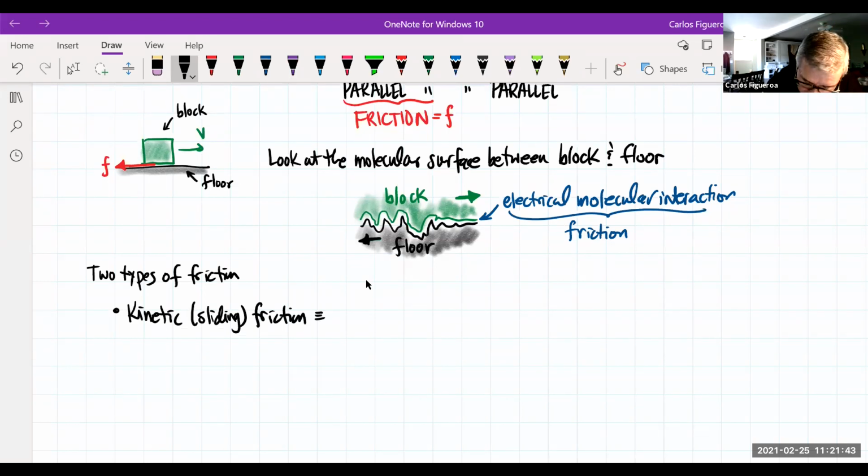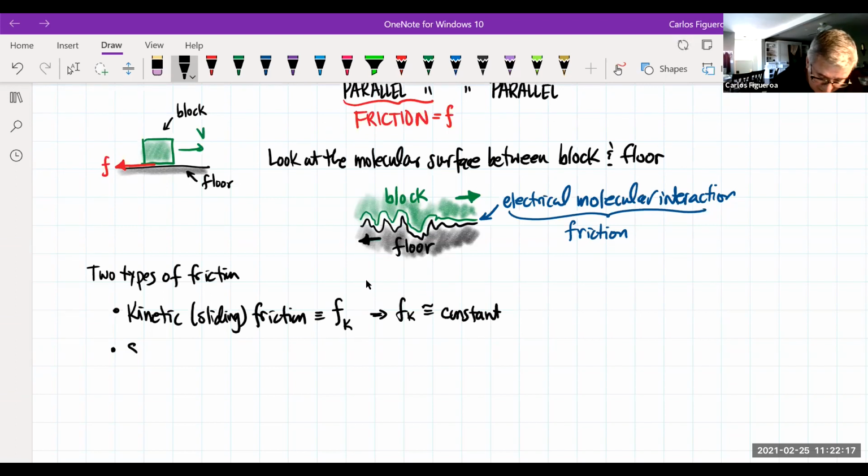And we typically symbolize this F for friction, and then we write a little k to tell us that we have this moving friction here. And what's special about this force is that this frictional force, F of k, is approximately a constant. So sliding friction, kinetic friction, involves motion and it's constant.